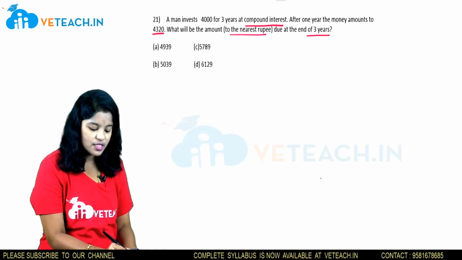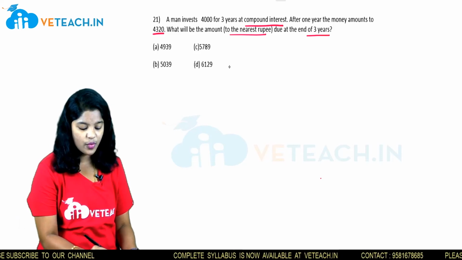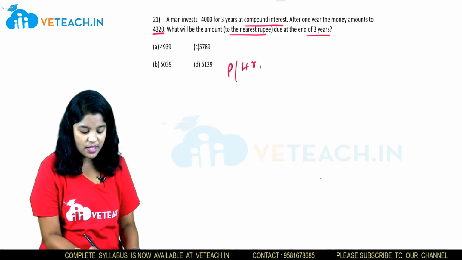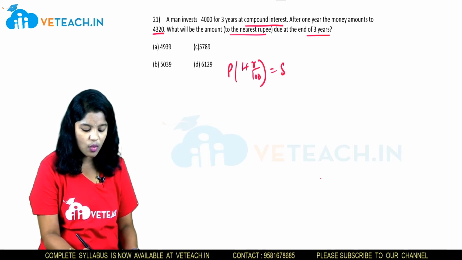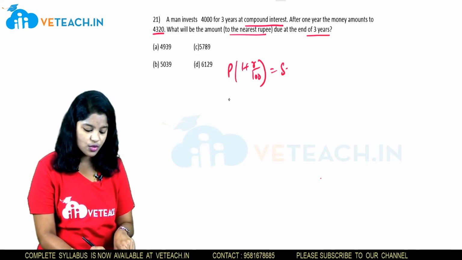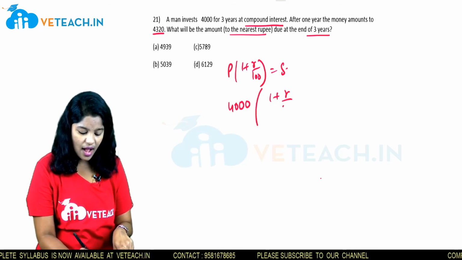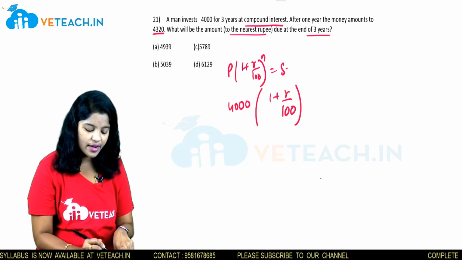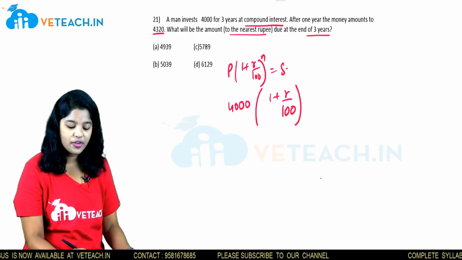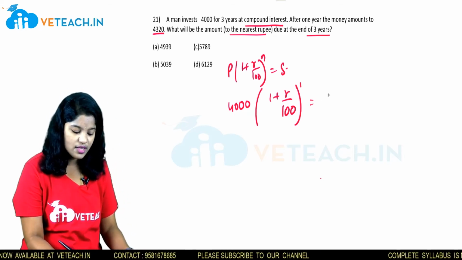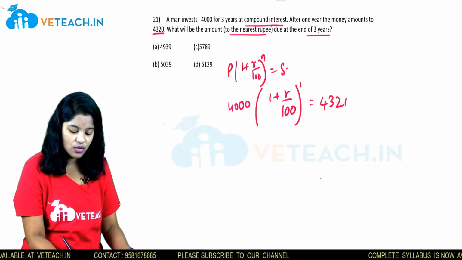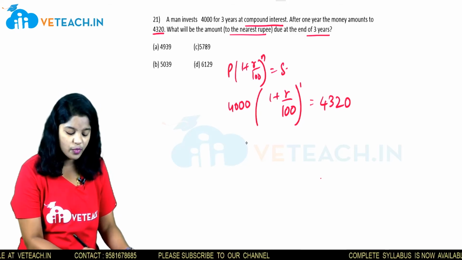After 1 year, it has become 4,320. So P into (1 plus R by 100) whole power n is equal to our sum. That is 4,000 rupees into (1 plus R by 100) whole power n, where n is 1 year. It has amounted to 4,320 rupees.